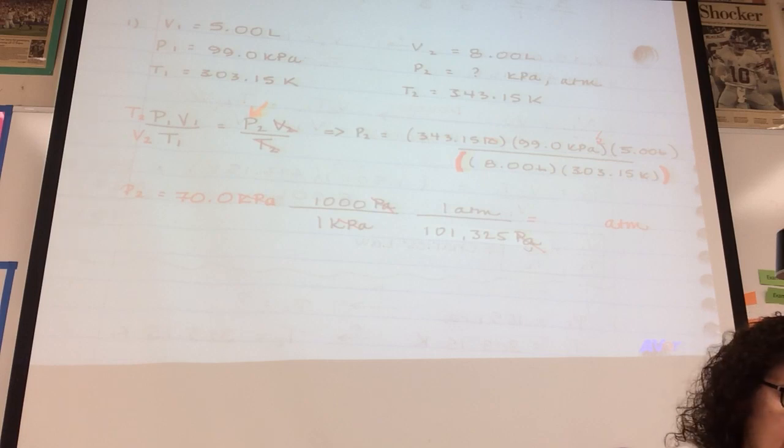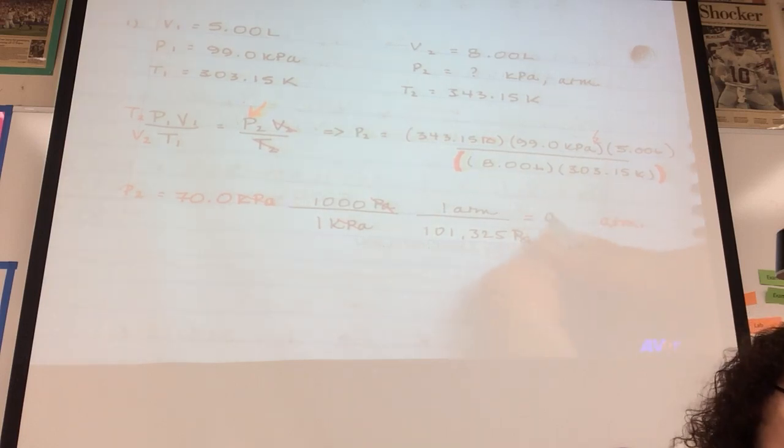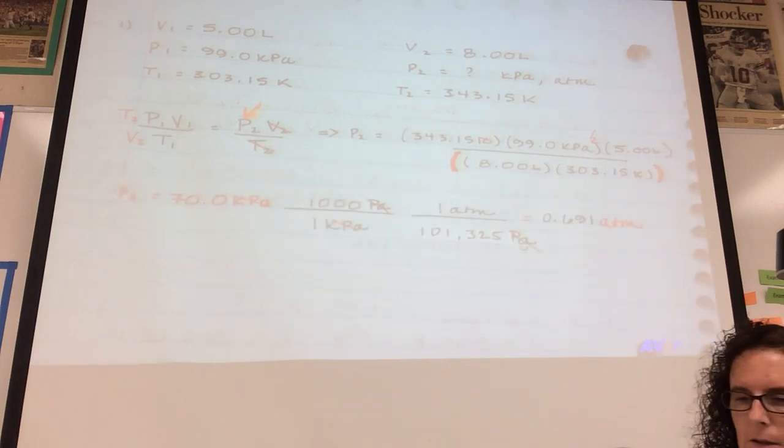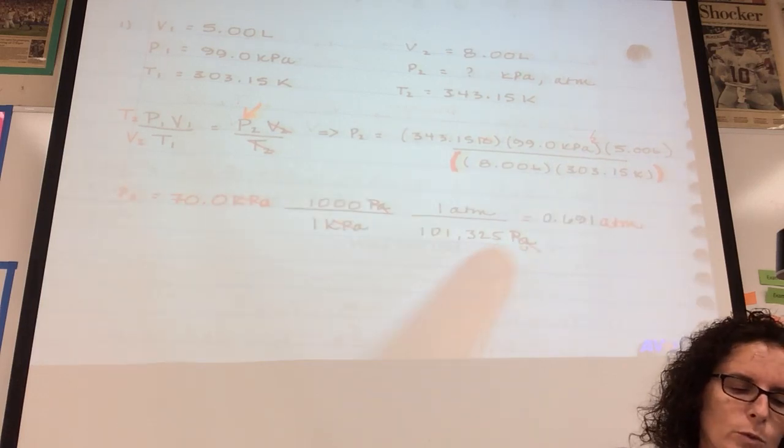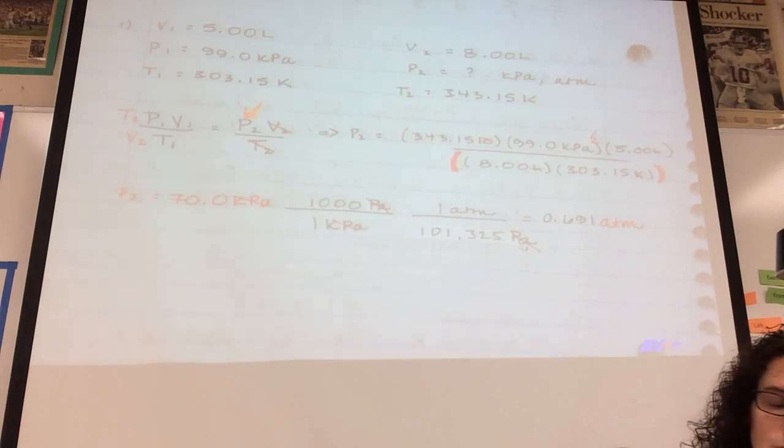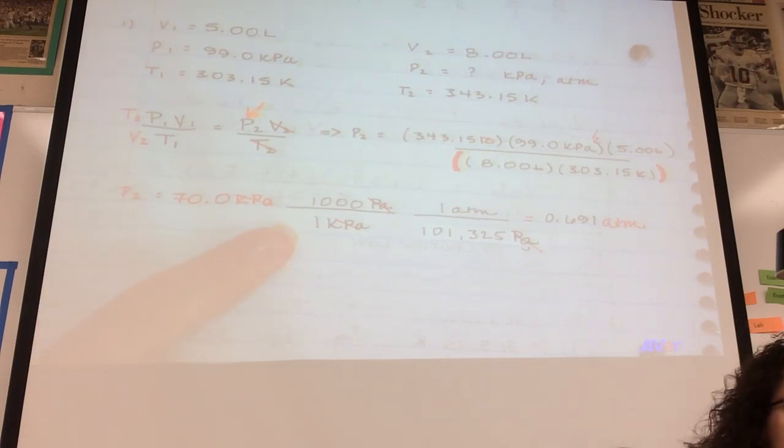And we've got 0.691 atmospheres. And again, it's okay to make a boo-boo, because if you go to cancel your units, you'll catch it, and then you won't make a boo-boo. Questions there?